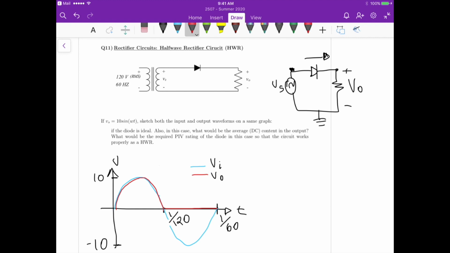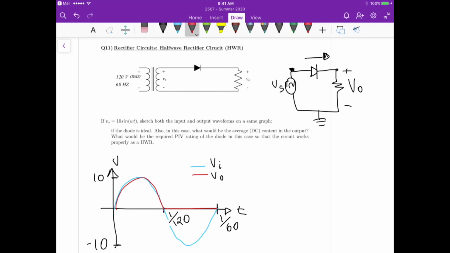Now, how do we calculate the average? The average is just 1 over the period times the integral over the entire period. It's like the area divided by the time.